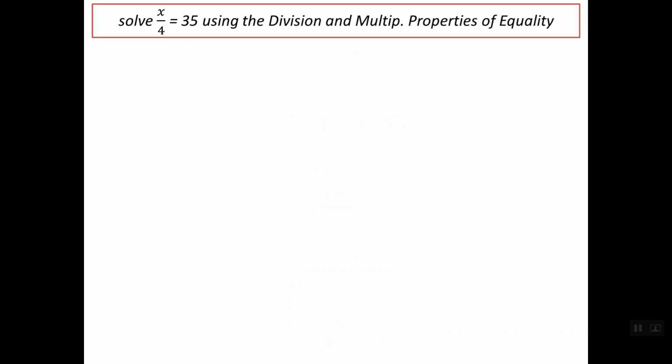Let's try another example. Solve x divided by 4 equal to 35 using the division and multiplication properties of equality. So first of all, let's understand the equation we have: x divided by 4 equal to 35. Simply we can separate x at the left side of this equation by multiplying both sides by 4.